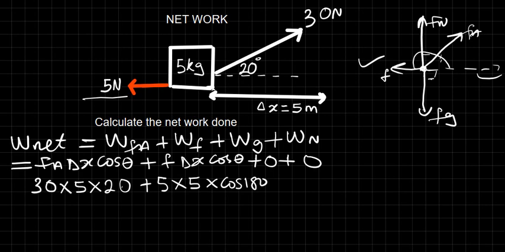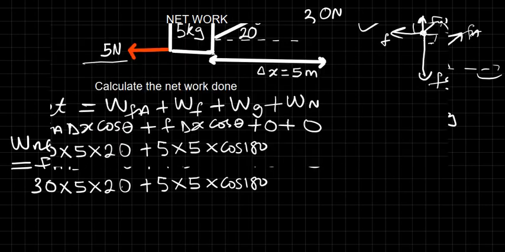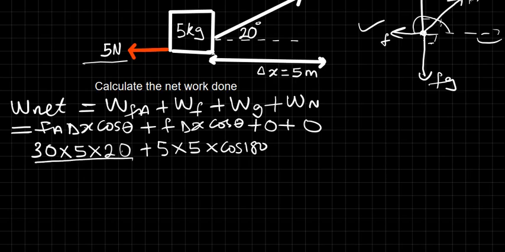Now, if we work out this part and put it into my calculator, I'm going to have 140.9539, and then 39, plus, now this part here gives me minus 25.